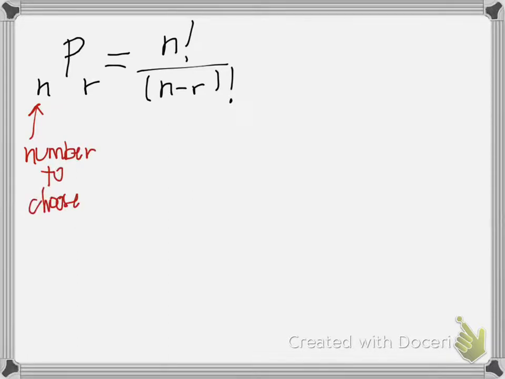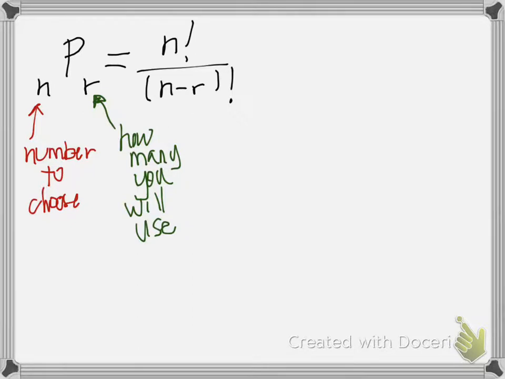So in this case, there were 4 floats that I have to put in the parade. The r stands for how many you're going to let take a spot. So how many you need, how many you will use. In this case, I'm using all 4 of the floats.